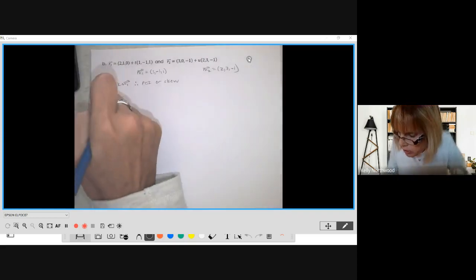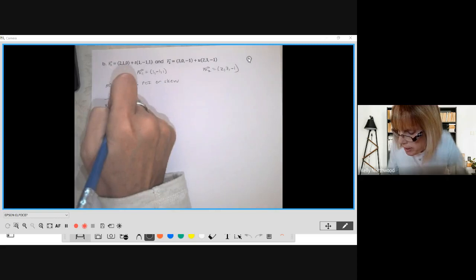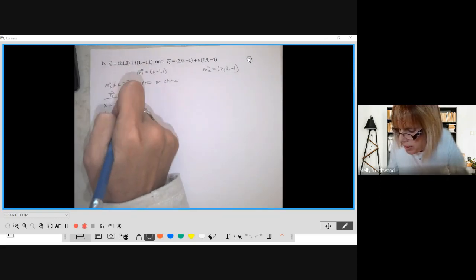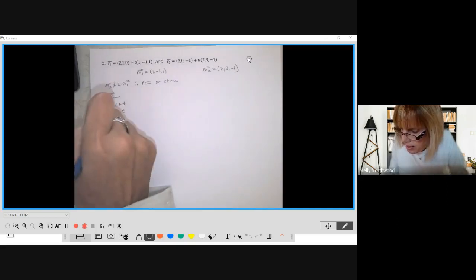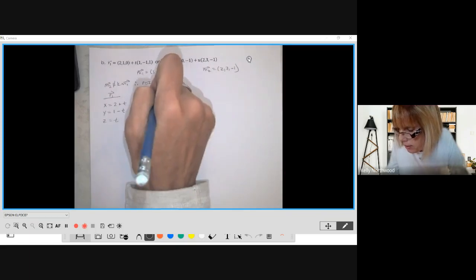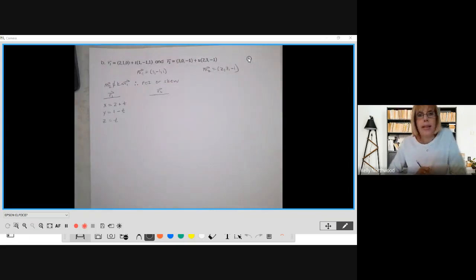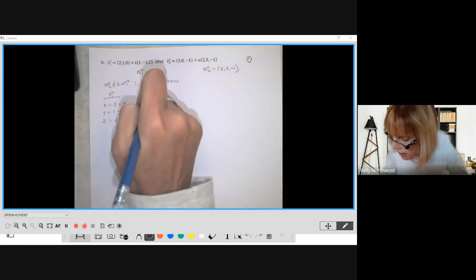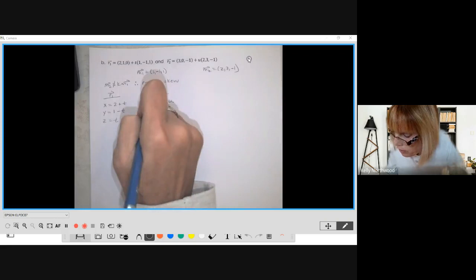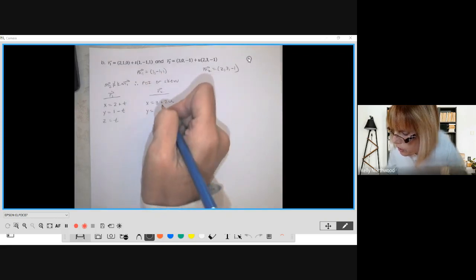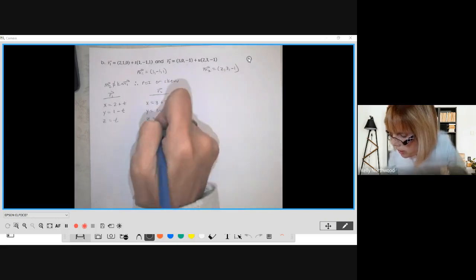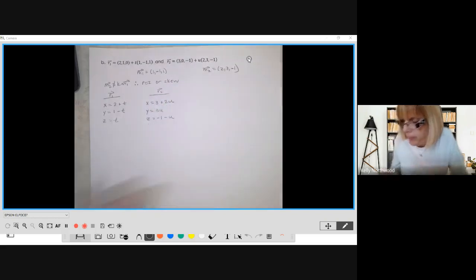So for the first line, the parametrics are x equals 2 plus t, y equals 1 minus t, z equals t. For our second line, the parametrics are x equals 3 plus 2u, y equals 3u, and z equals -1 minus u.